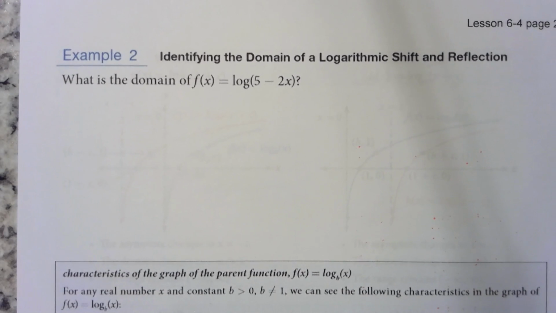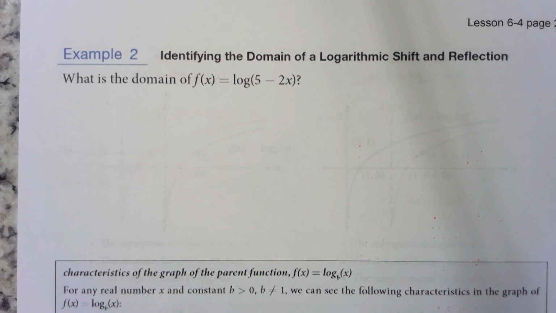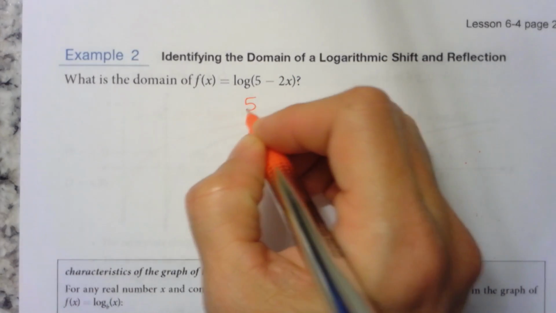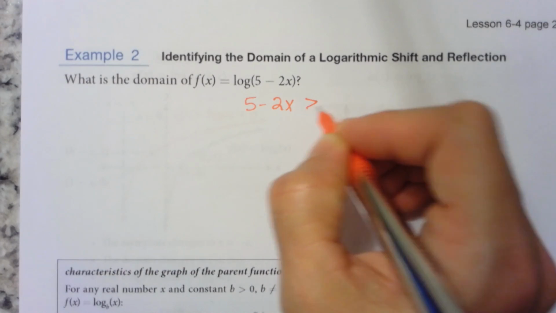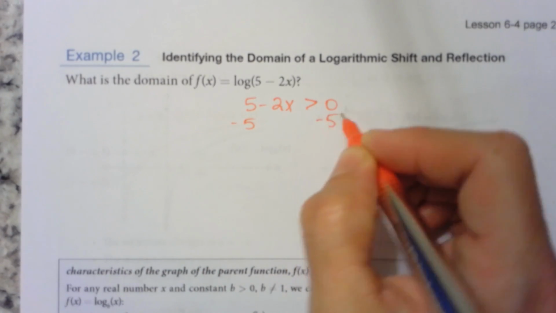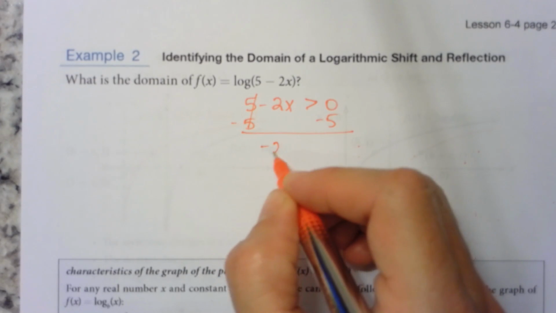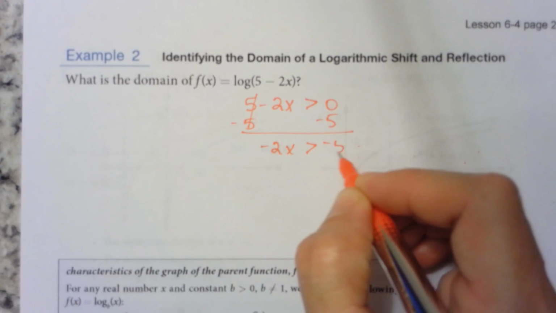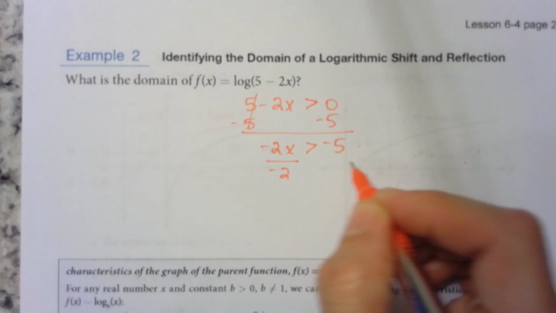So what about the domain of this function? Remember, just take your argument and set it greater than 0. 5 minus 2x must be greater than 0. So we're going to subtract 5. We'll divide by negative 2.